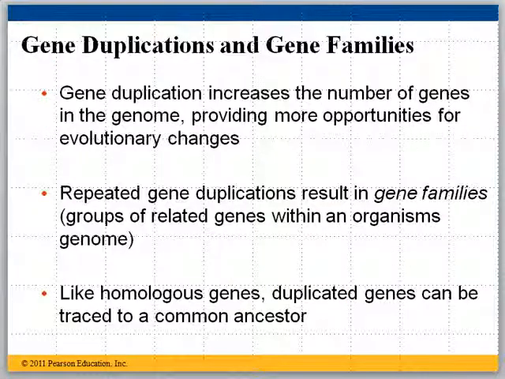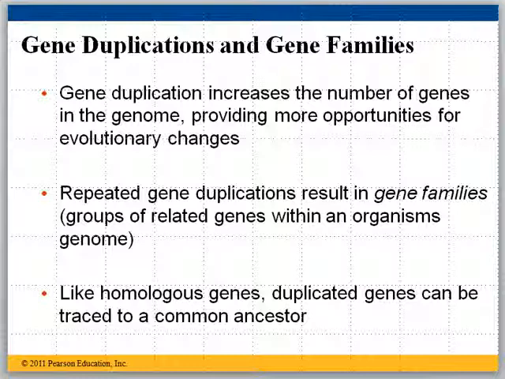We know from our previous chapters that one of the ways that change occurs over time is through gene duplication. We have oftentimes a particular type of error occur in the processing where you have gene duplication, and that increases the number of genes in the genome. And of course, when you have an increased number of genes, you have an increased opportunity for evolutionary change.